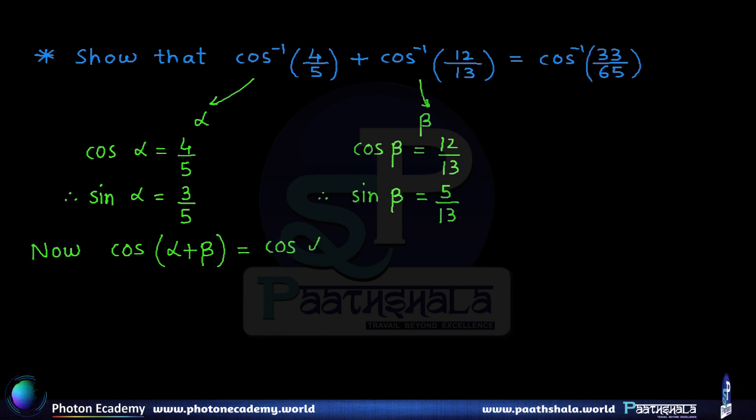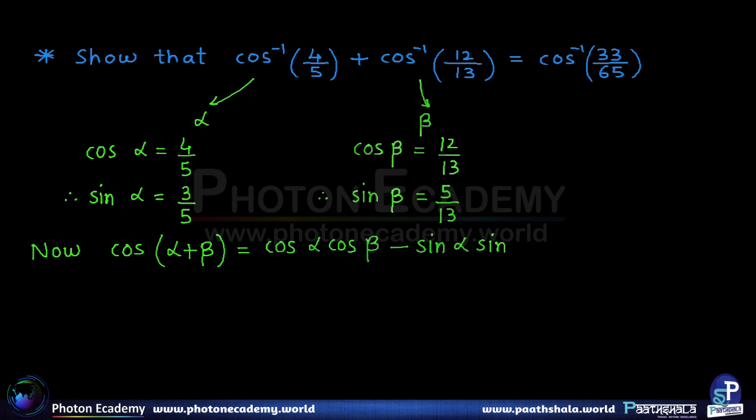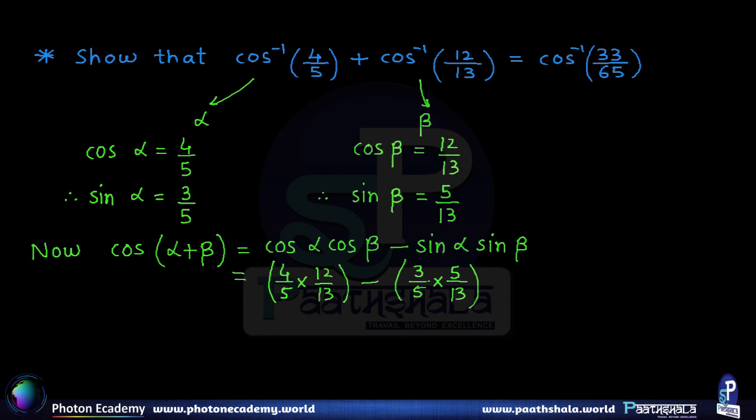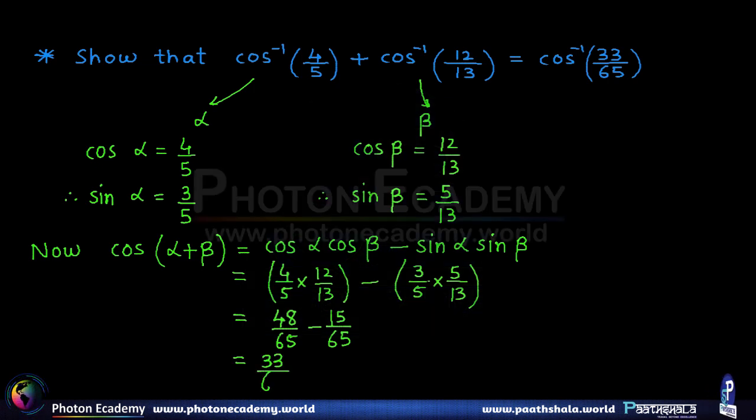That is equal to cos alpha cos beta minus sin alpha sin beta. Now cos alpha is 4 by 5 into cos beta is 12 by 13, minus sin alpha is 3 by 5 into 5 by 13. So that is 48 upon 65 minus 15 upon 65, which gives us 33 upon 65.